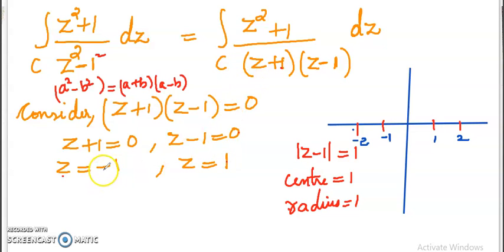Now let us verify whether these points lie inside or outside the given curve. Usually using Cauchy integral, what do we do?